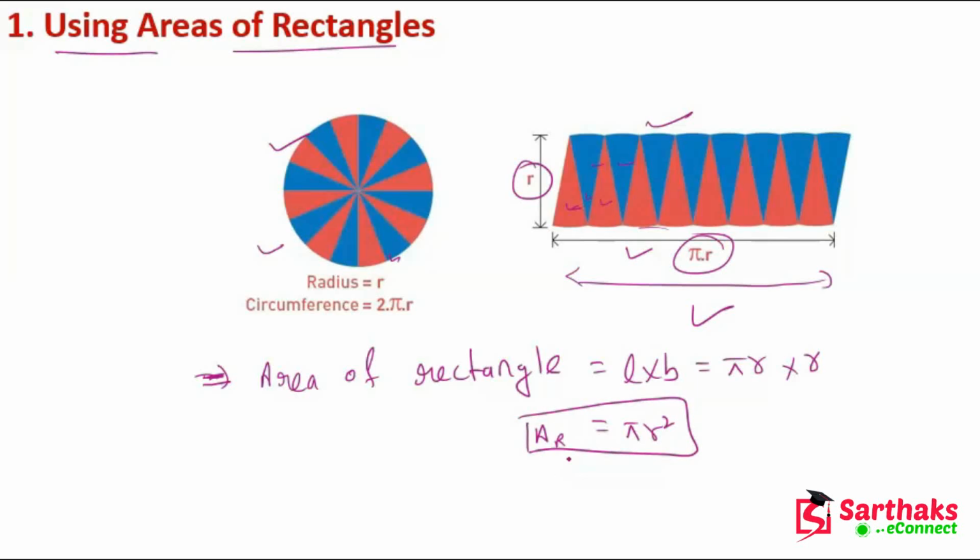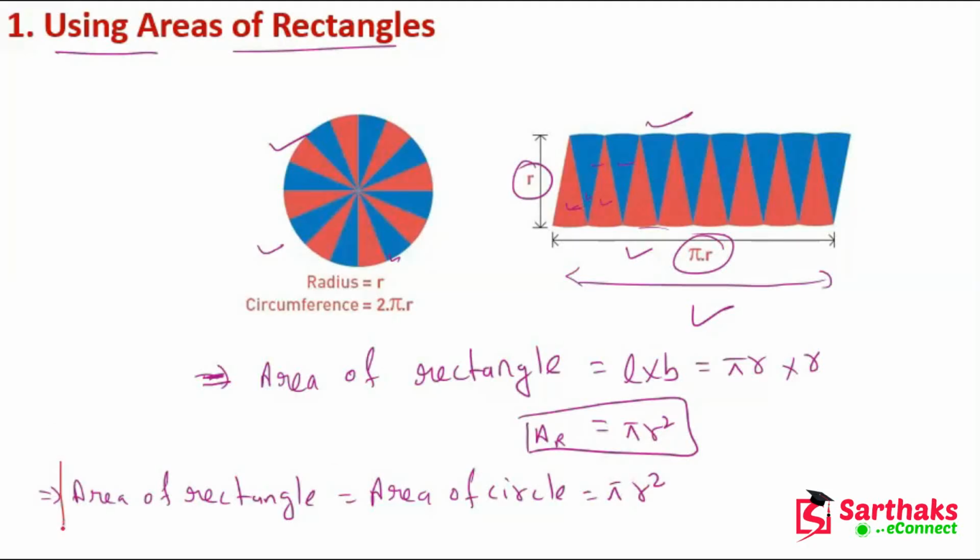And we know that the area of the rectangle is equal to the area of the circle, which is equal to pi r square.